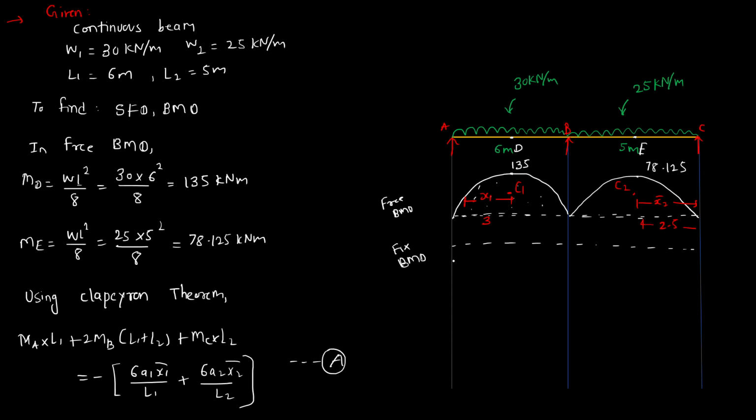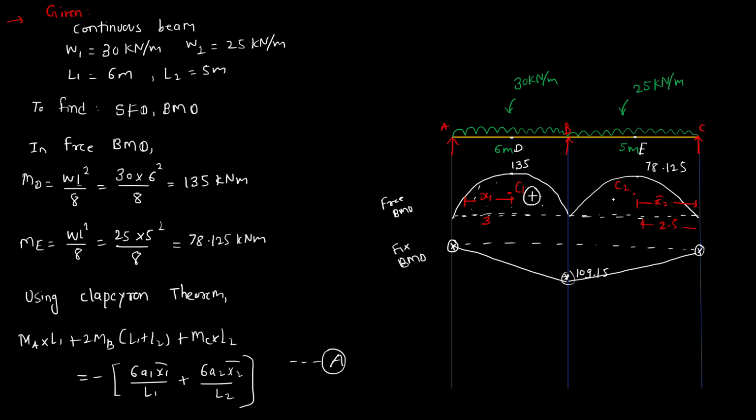For drawing the fixed bending moment diagram, this is the first point, MA is 0, MB is 109.15 and MC is also 0. So connecting it with the straight line, this is the fixed bending moment diagram.